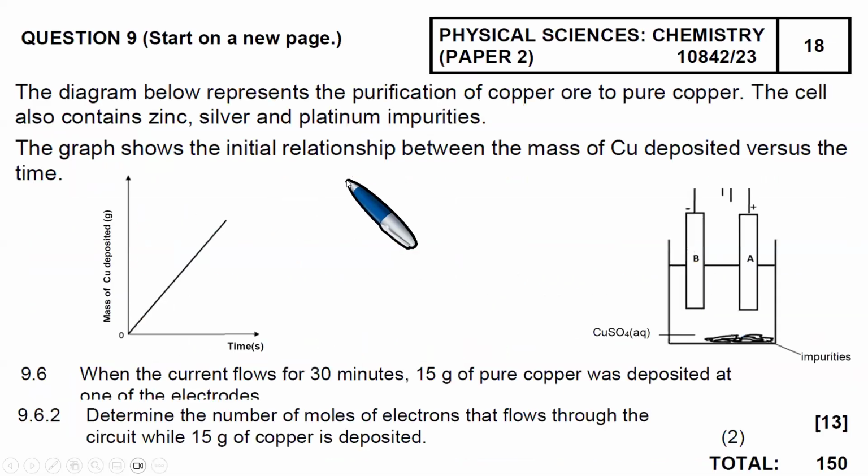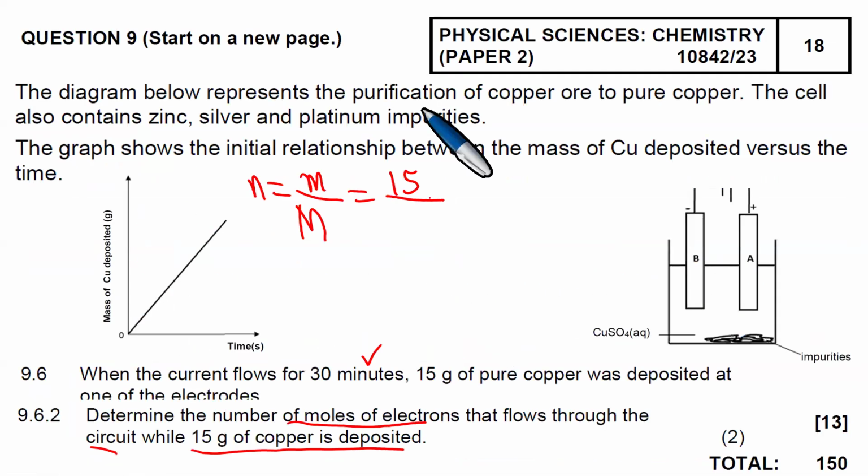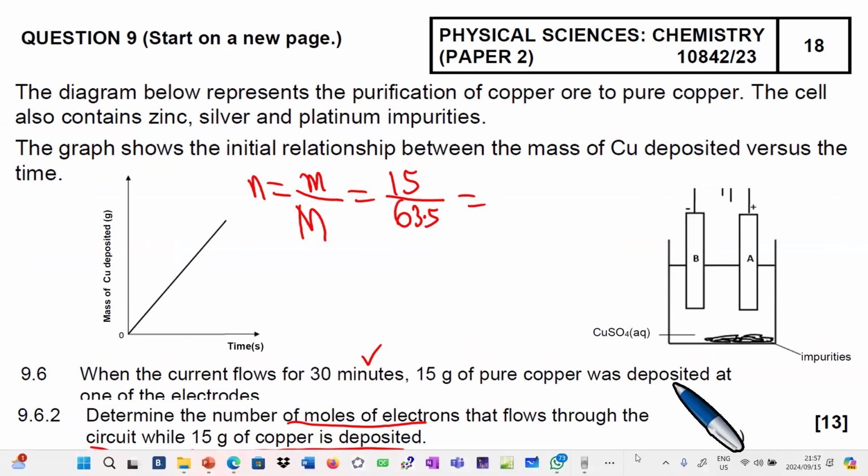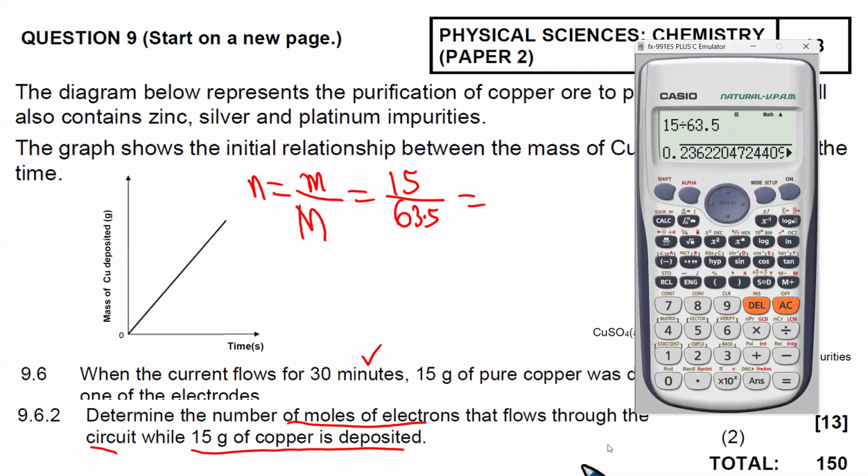So it's 63.5, and then we're going to use our calculator to do this one. I'm testing you. I want to see what you're going to do. I don't want you to slip. So then you're going to have 15 divided by what? 63.5. And then the answer is what?